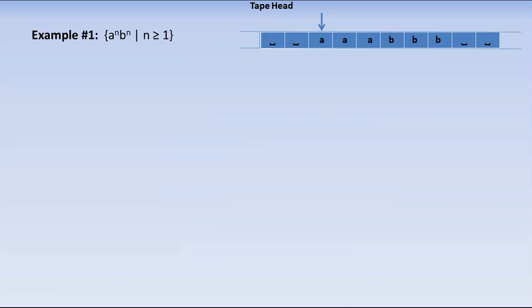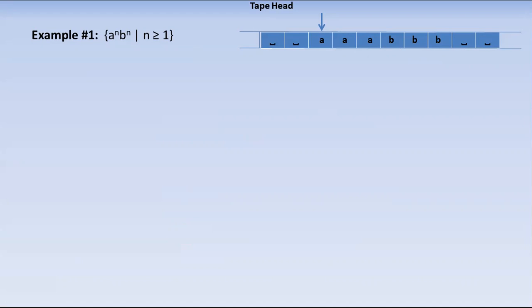So please do understand, I don't have any direct method for counting 3 A's first, then counting 3 B's next. Then what we do? First we count 1 A, then we go forward. For this A, we want the corresponding B, and we have to match 1 by 1.